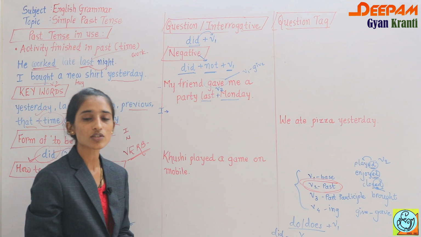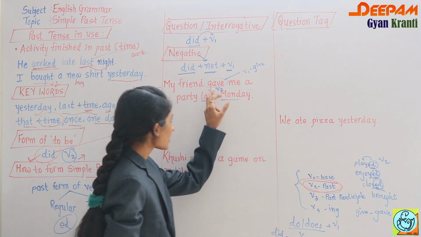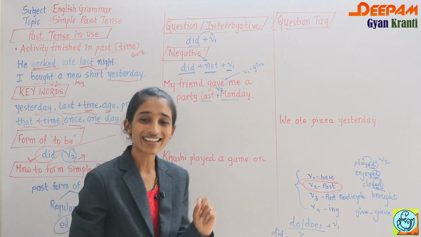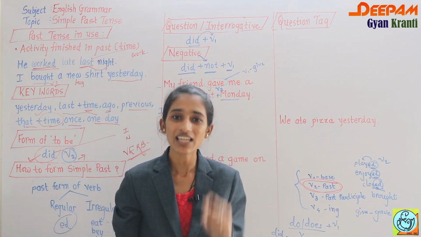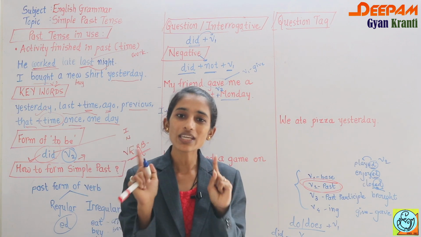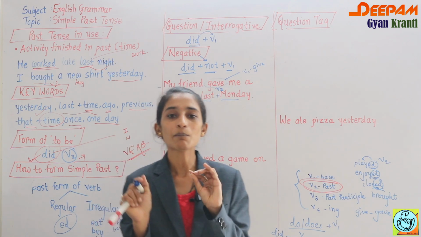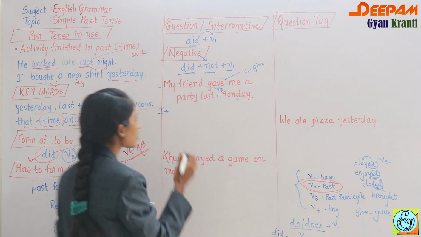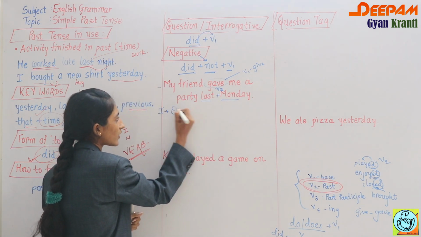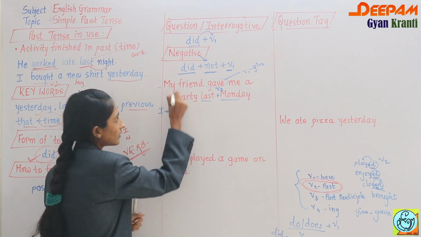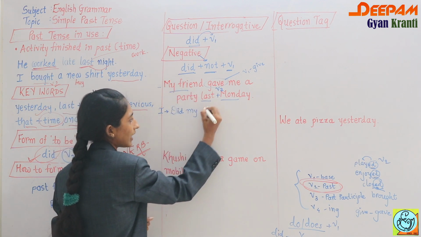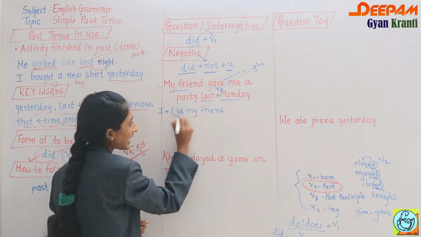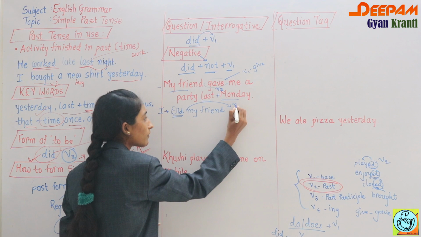So first of all we will create the interrogative sentence. For interrogative, first of all we want the to be form. See, here V2 is given. Remember one thing and keep it in your mind: if in a sentence V2 is given, it's simple past tense, and when V2 is given, then definitely you have to use the to be form did. So first comes did, then comes my friend as the subject. I already told you that with did we compulsorily have to use V1.